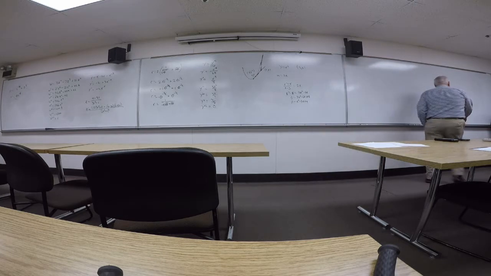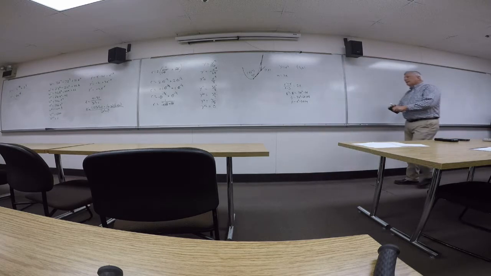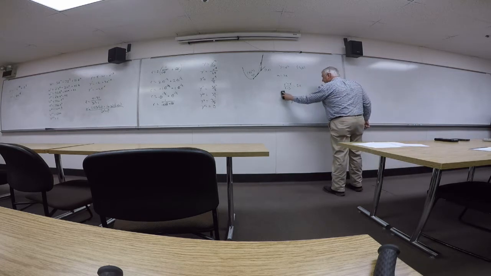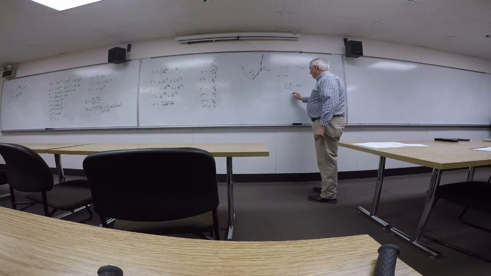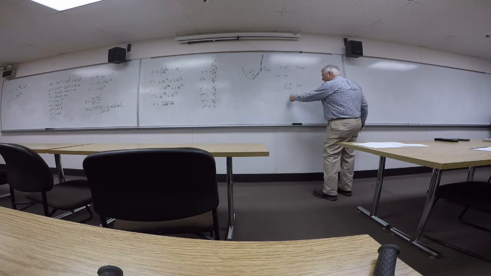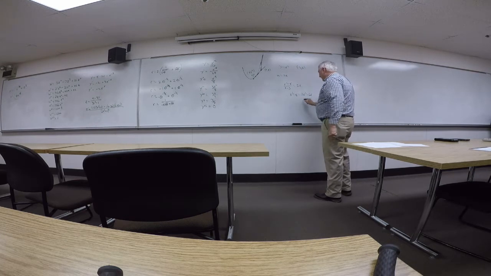My goodness. Okay. I am right to this point. Again, x squared minus 8 is equal to 2x squared minus 6x. Bring this to this side and it becomes x squared minus 6x plus 8 equals 0.